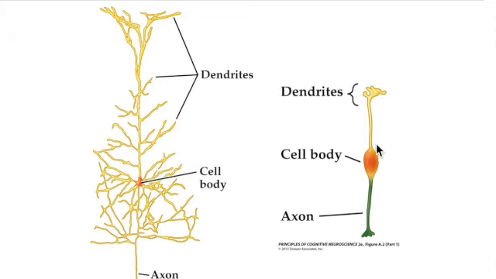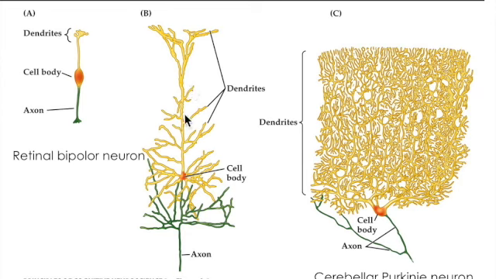And here's another example of a retinal bipolar neuron. It's simply a cell body with dendrites on one end and axons on the other. Again, this is a cortical pyramidal cell, right, that is in the cortical layer, compared to the retinal bipolar neuron, which has a much simpler relationship between the dendrite and the cell body and the axon.